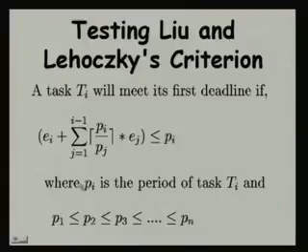As long as there is a higher priority task, the rate monotonic algorithm will not allow a lower priority task to run. So, using that simple idea, the response time for the task Ti will be Ei plus the sum of ceiling of Pi by Pj times Ej, summed for all j equal to 1 to i minus 1.